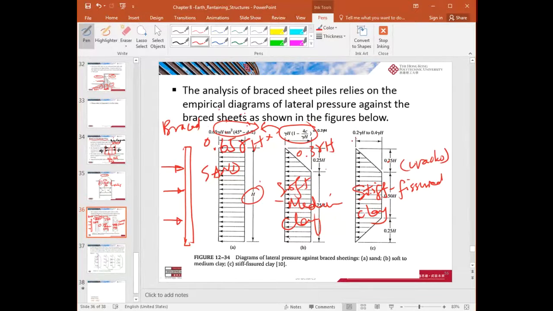Then you can apply this trapezoidal sort of distribution. 0.25H at the top and 0.25H at the bottom will be triangular distribution. And this is 0.2 gamma H to 0.4 gamma H, okay?